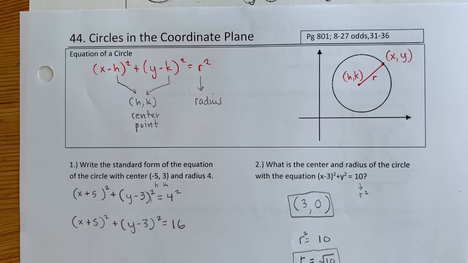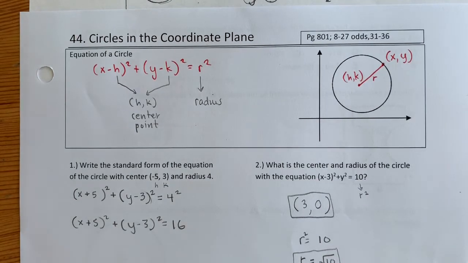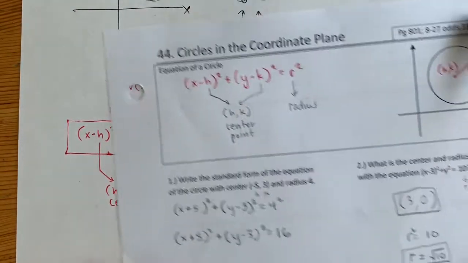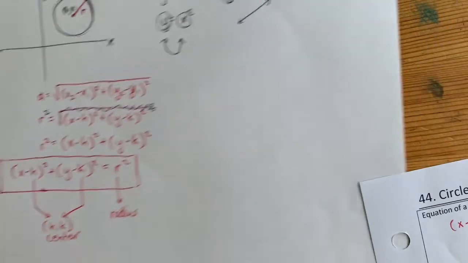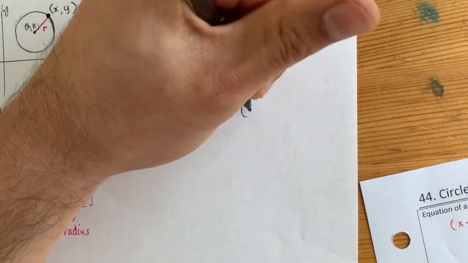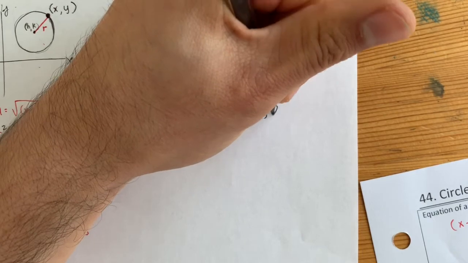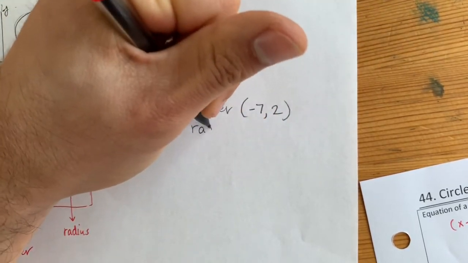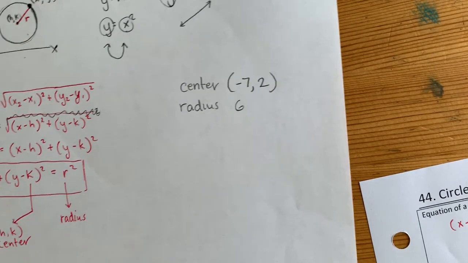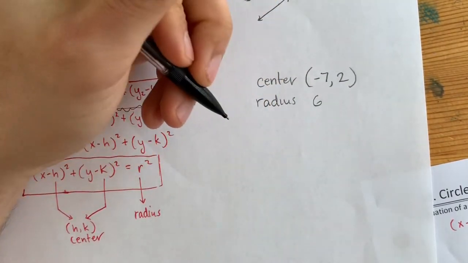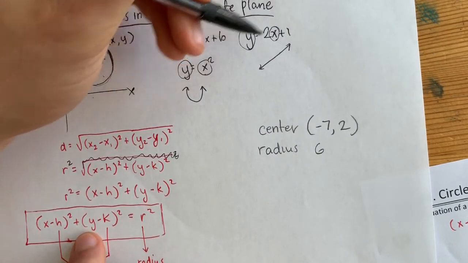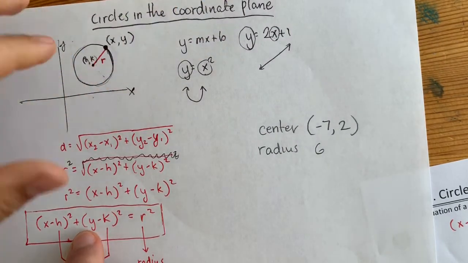All right, I'm going to do one quick example, and before you get to the practice problems here, you can pause if you need to look at that further. But let's just say I have a center at -7, 2, and a radius of 6. If I was to plug into this formula, I would leave the x and the y. Remember, as I set up here, you always have an x and a y in the answer.